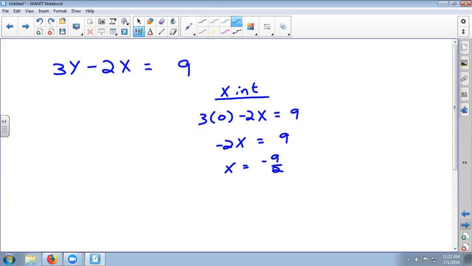Oh, -9 halves. That's fine. What's the x intercept? -9 halves, 0.